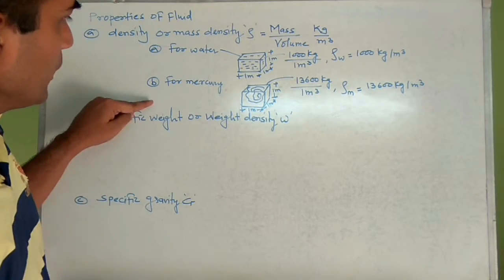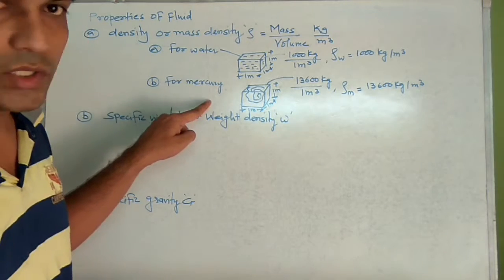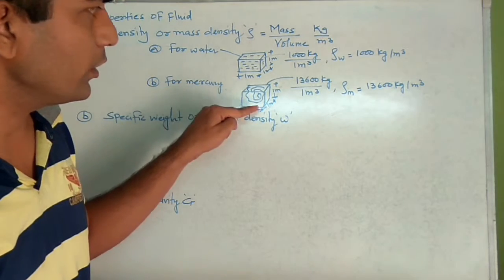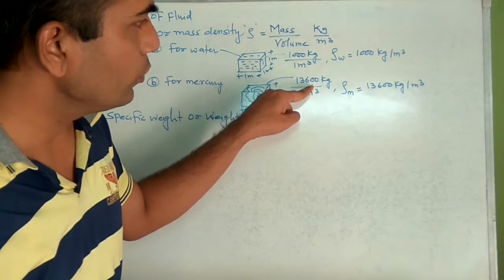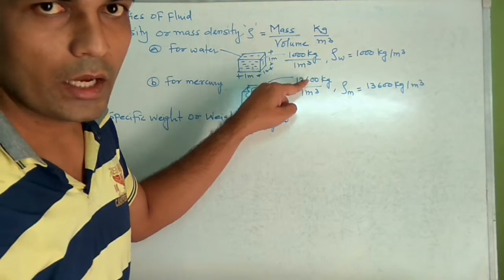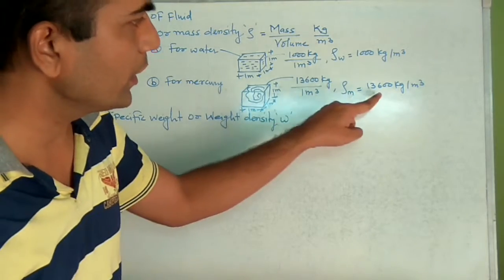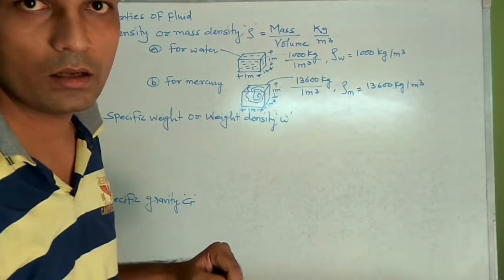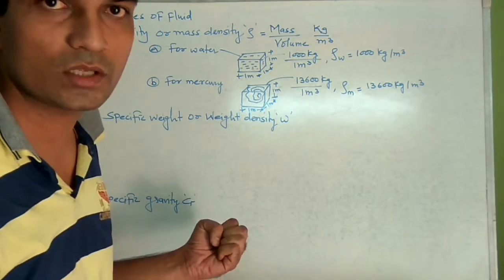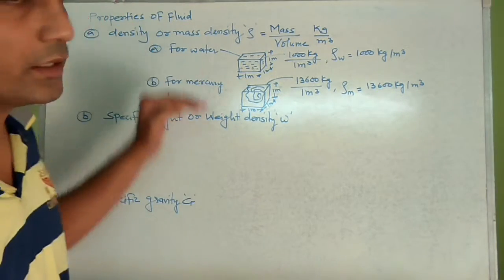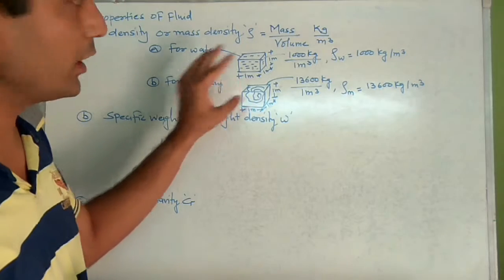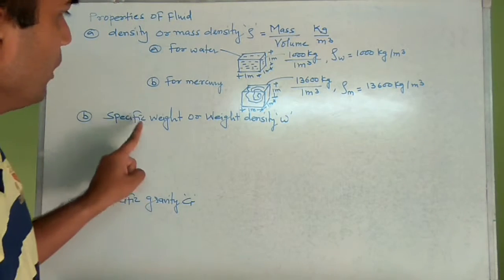Further, if we take the third example for steel, instead of mercury, now the weight again increases and you will get the higher density. Means if weight increases, the density of material increases. So we can understand or analyze the things like this.